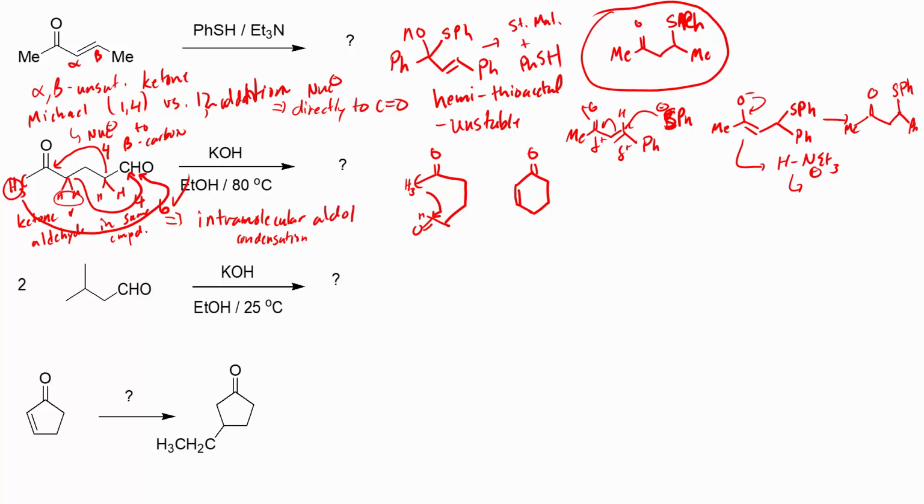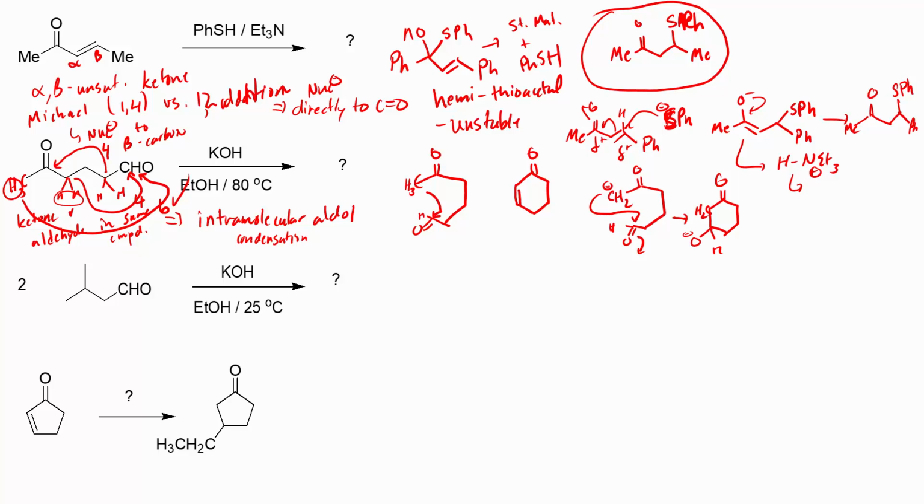Let's just look how it would occur in a mechanistic sense. Okay, so as I said before, we're going to remove the proton there. I'm going to draw it as the carbanion resonance form rather than the enolate. The enolate's better, but the carbanion form gets us to the crux of the answer a little bit quicker.